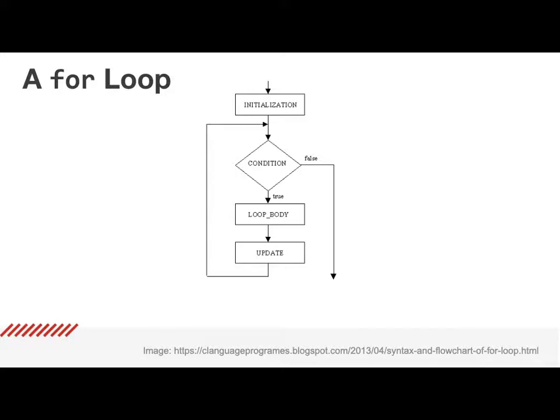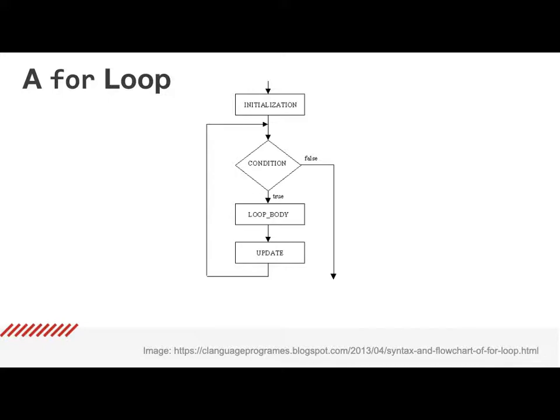So if you want the user to enter only 3 times, maybe we can use this one with some changes too. Start with the same thing. You start with some data initialization, then you check the condition.